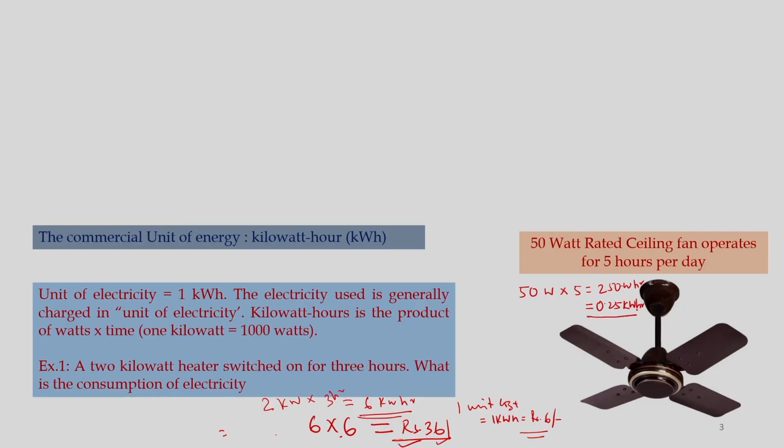And then if we multiply it with 6, the money spent will be 0.25 multiplied by 6 rupees per day. So, that much money will be spent if we operate this ceiling fan for 5 hours, right. That way you can calculate the amount of energy required to run a particular electrical utility.